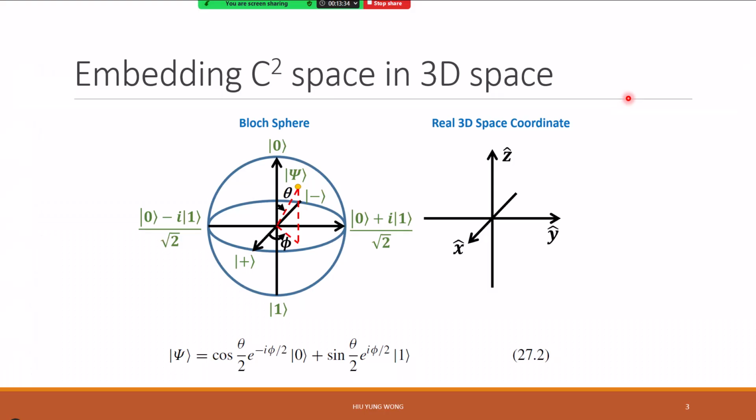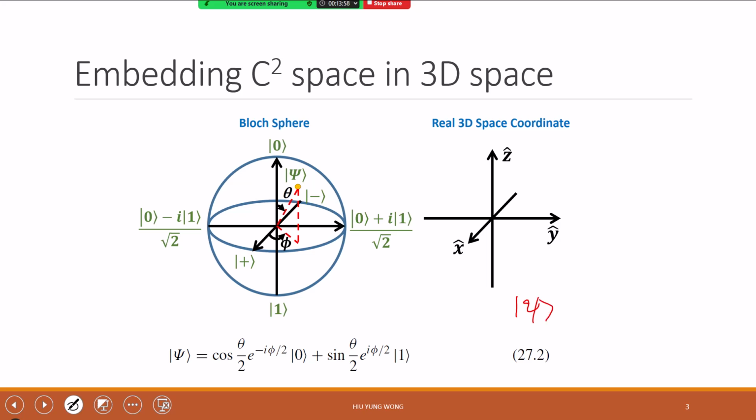Now, we talked about the Bloch sphere last time, and let me remind you what it is again quickly. So now we have this embedded system, right? We said that we have a qubit, and in the past, we said that a qubit has four degrees of freedom, right?